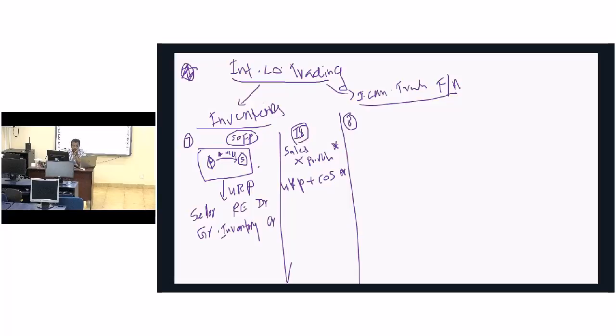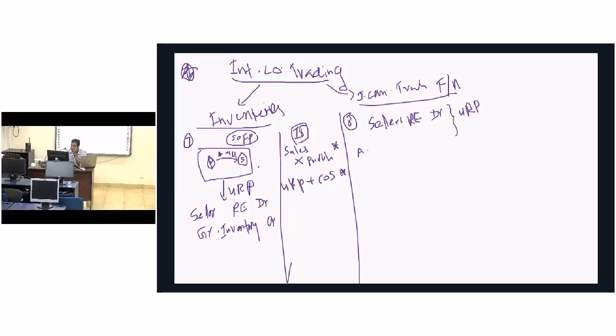How to reverse it? Seller's retained earnings, debit, where do we credit? This is unrealized profit. Where do we credit?